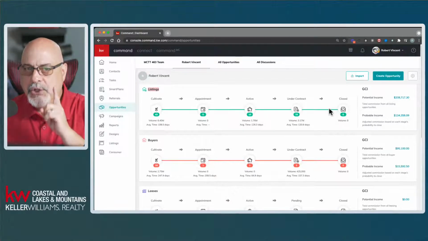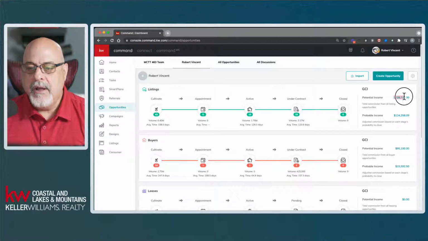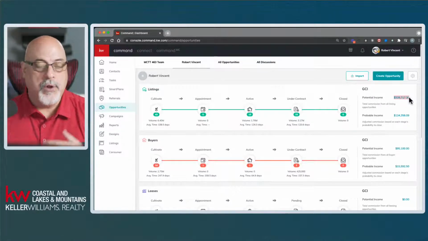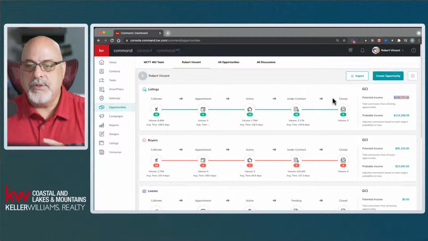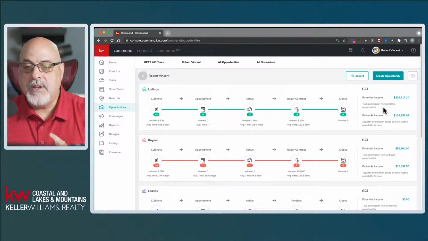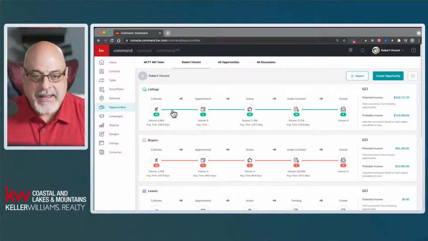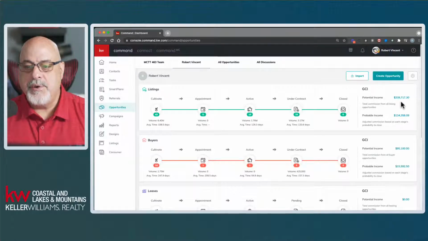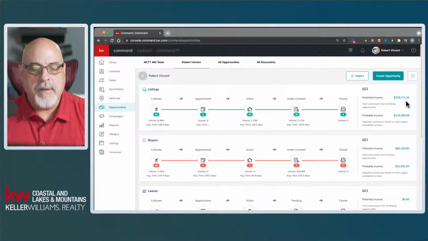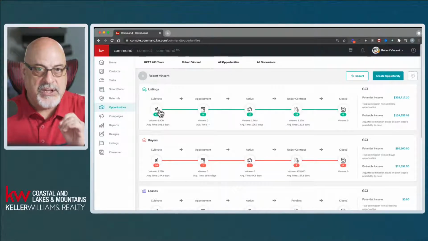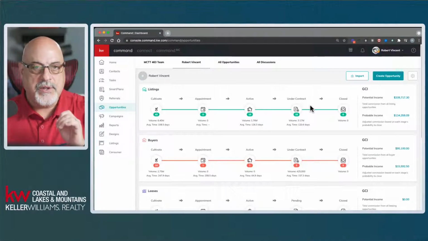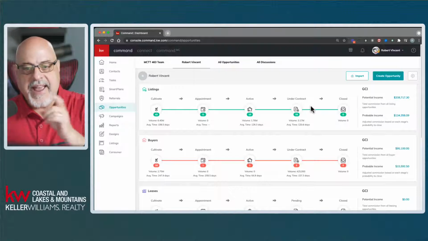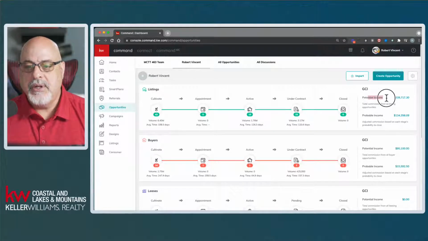All of that potential income is calculated based on the transaction amounts, which are the prices of the properties, based on those commissions. Okay, your total commission from all listing opportunities in each of these areas is right now $339,717.30. It's taking the percentage of each of those transactions in each of those stages and phases, and it's adding them up to tell you that your potential income is $339,717.